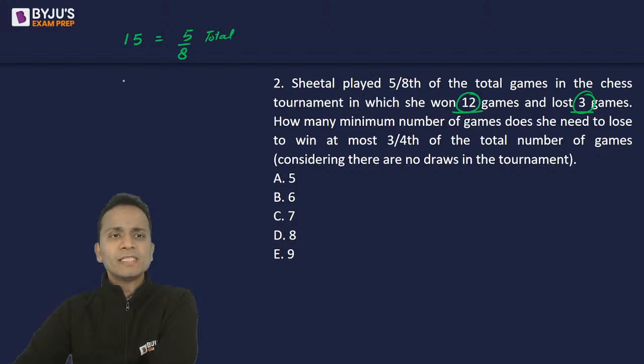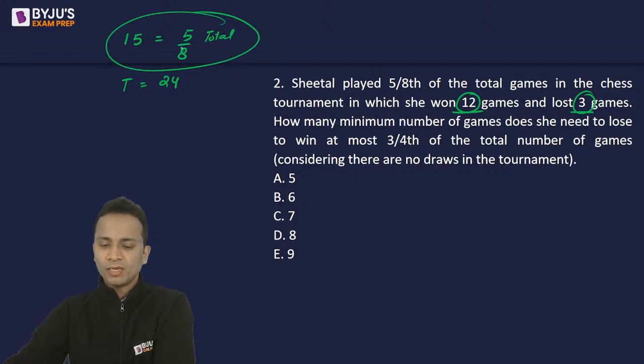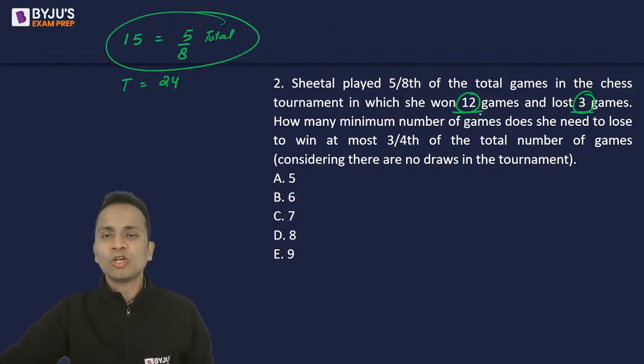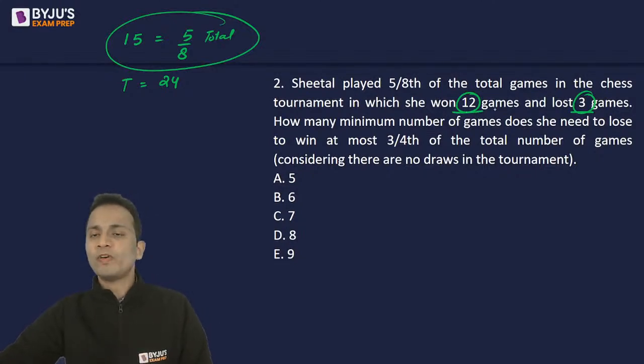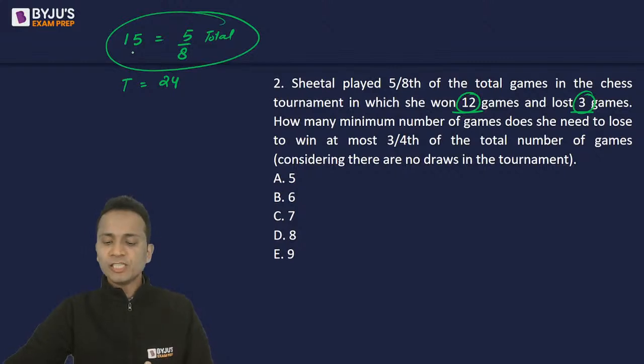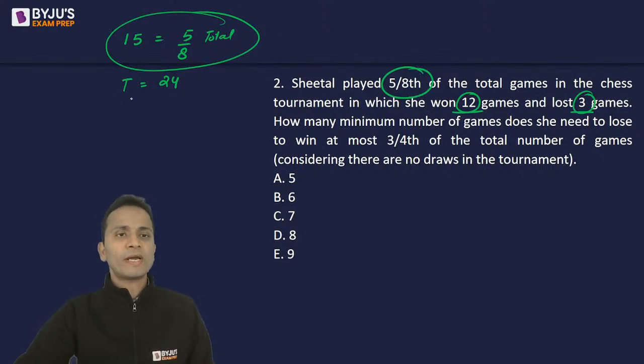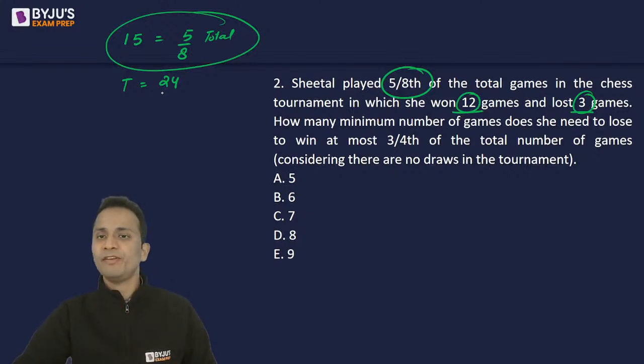Okay, so I can say that total number of games will be equal to 15 upon 5 is 3. 3 multiply 8 is 24 upon solving this. Right? So 12 games she has won, 3 games she has lost out of the total games that she has played up till now. So 12 plus 3 is 15, which is equal to 5 by 8 of the total number of games. So I can say that total number of games will be 24.